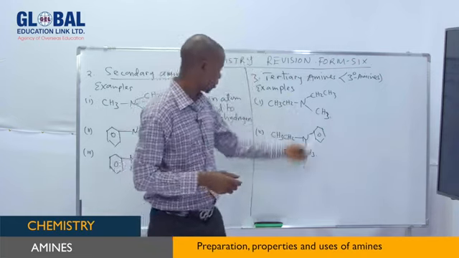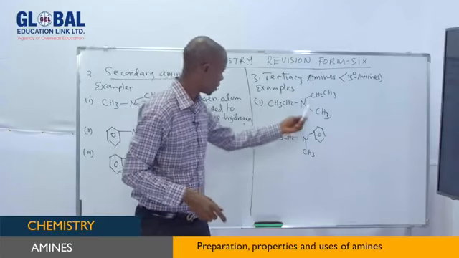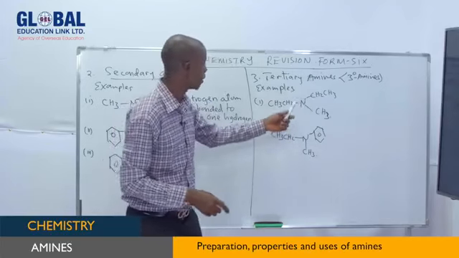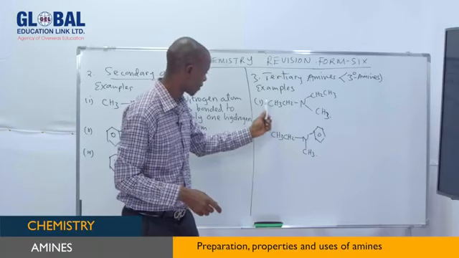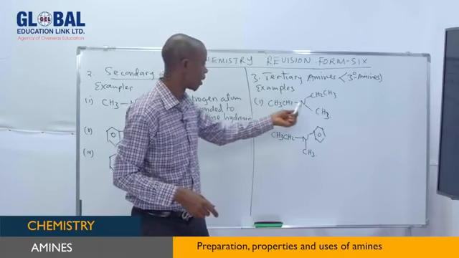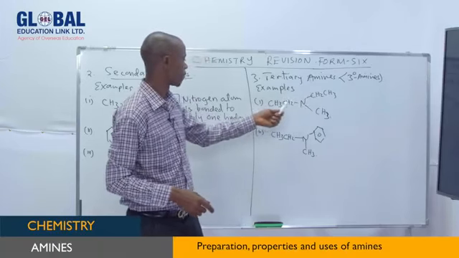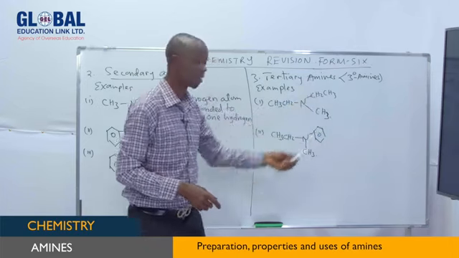Just consider these two examples. Just look at this nitrogen atom. For the first example, it is bonded to 3 alkyl groups: the first one, the second one, the third one.